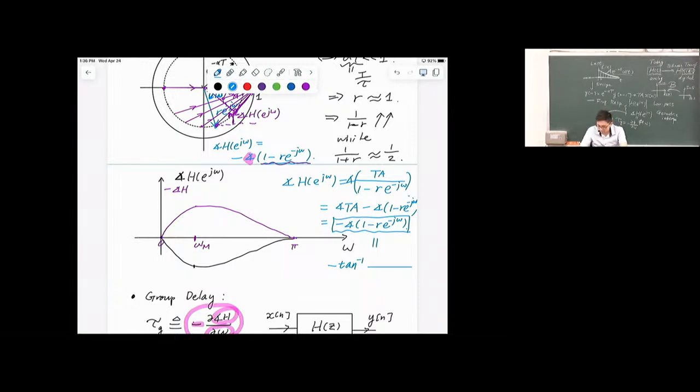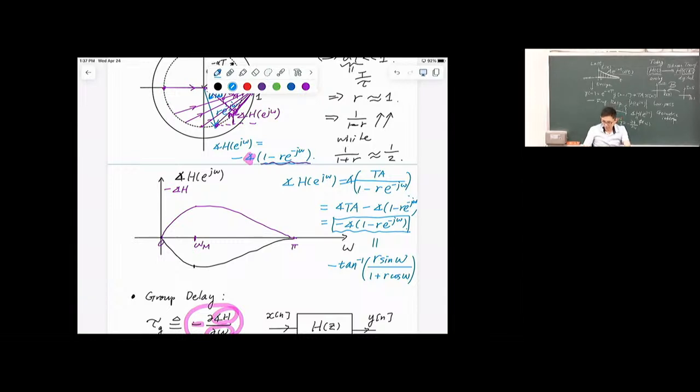Let's be careful: the real part should be 1 plus r cosine omega, and the imaginary part seems to be r sine omega. Put the arctangent, that's an angle, with a negative sign. With this expression, you may as well make a MATLAB plot, for example. So you know how to express it in closed form.